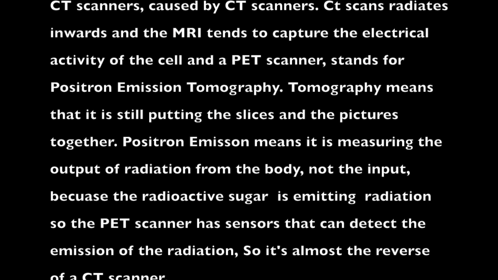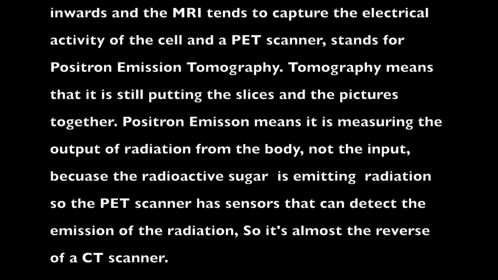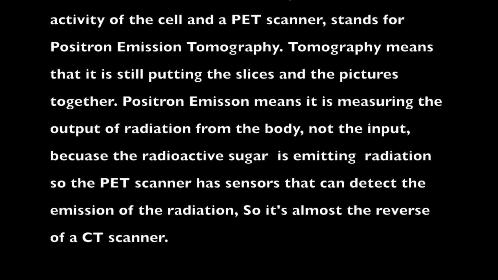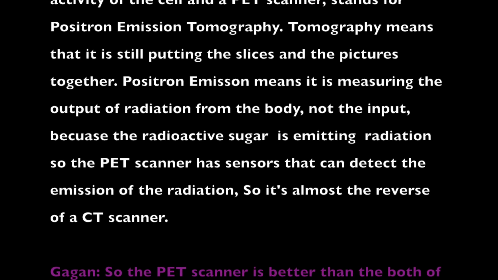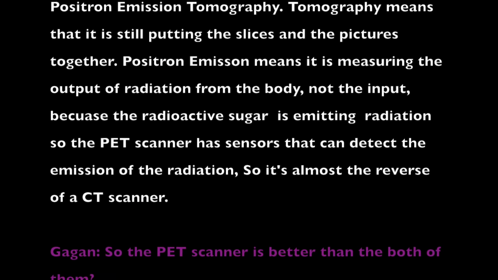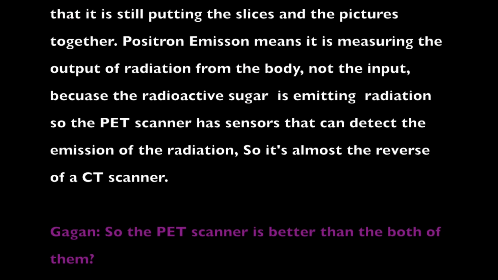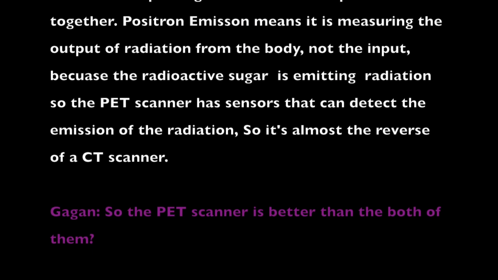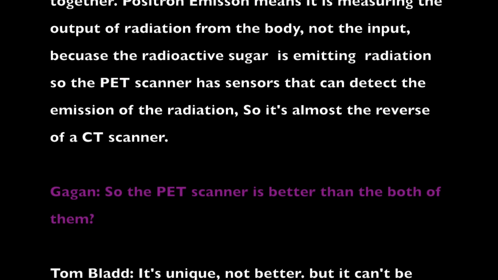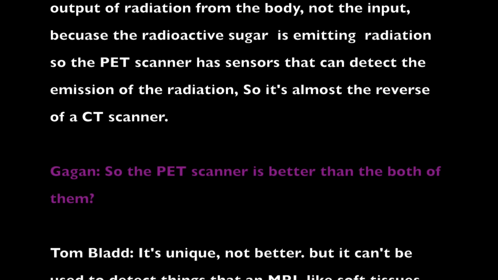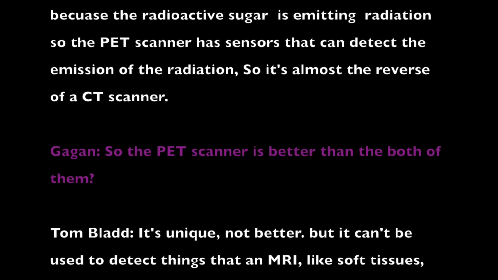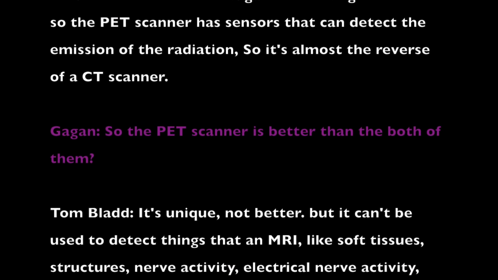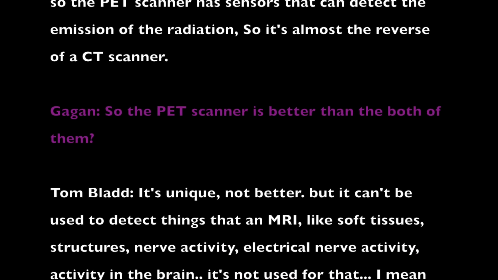Positron emission means they're measuring the output of radiation from the body, not the input, because the radioactive sugar is emitting radiation. So the PET scanner has sensors that detect the emission of the radiation. So it's almost the reverse of a CAT scanner.